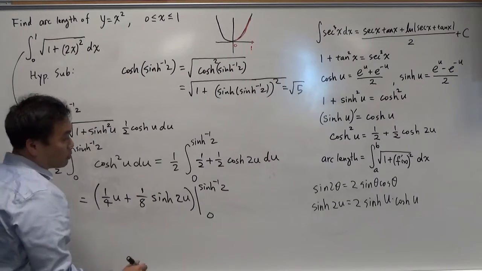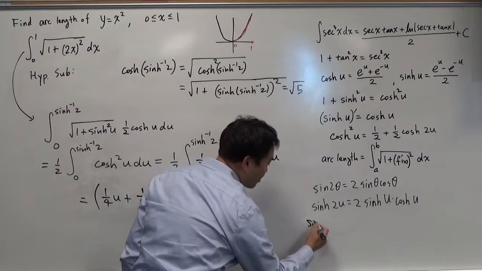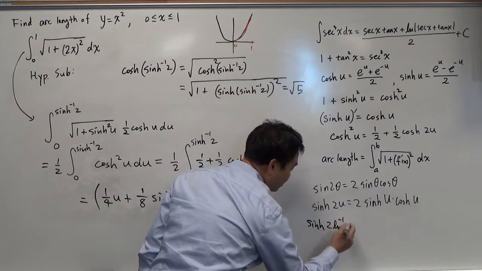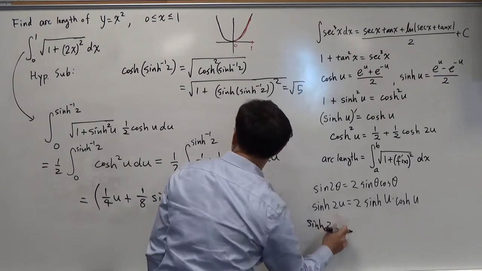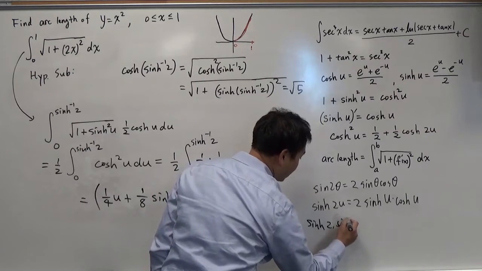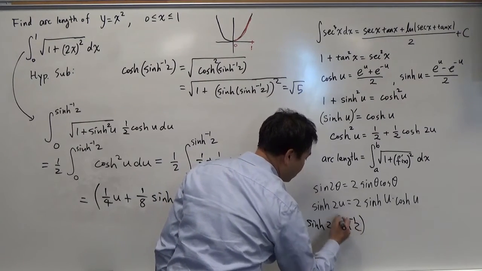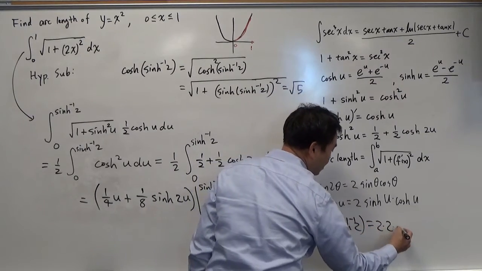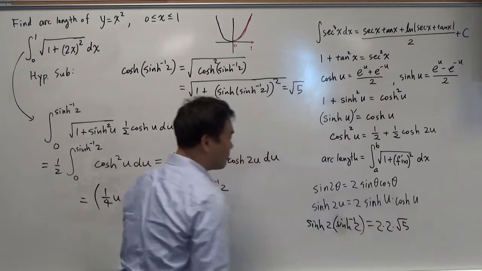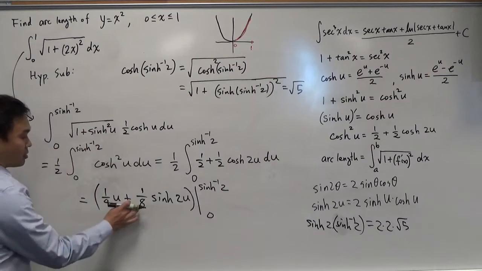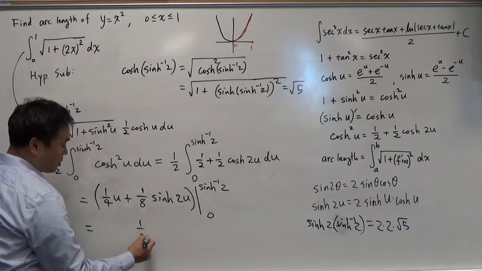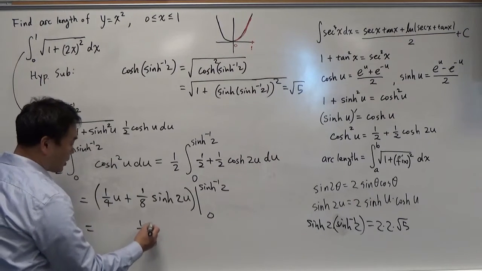Therefore, when you have sine hyperbolic of twice the sine hyperbolic inverse of 2, it will become 2 times 2 times square root of 5, which is 4 radical 5, and there's a 1/8 there, so it will be 1/2 radical 5.